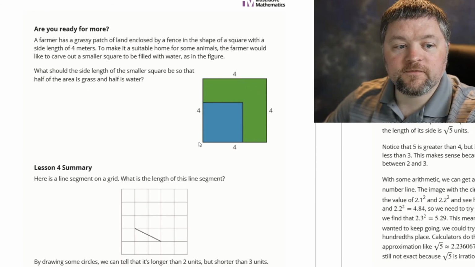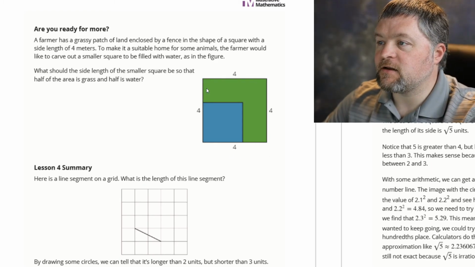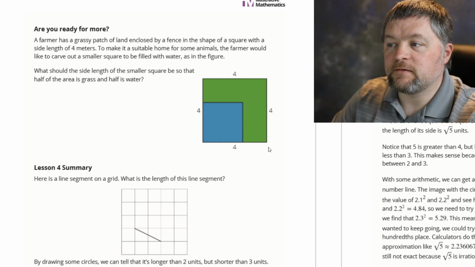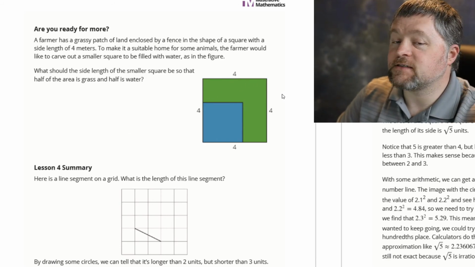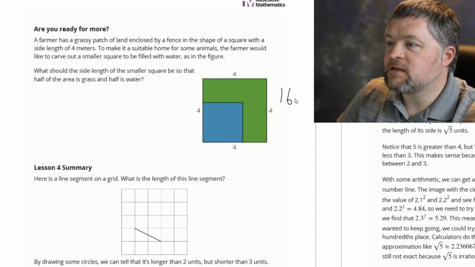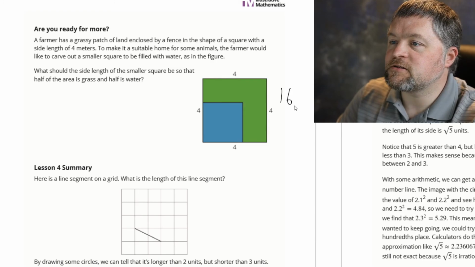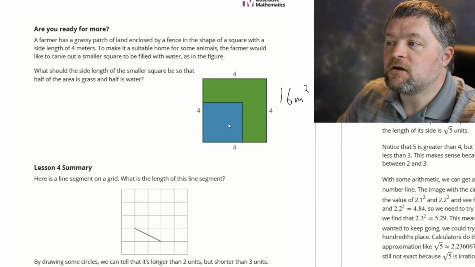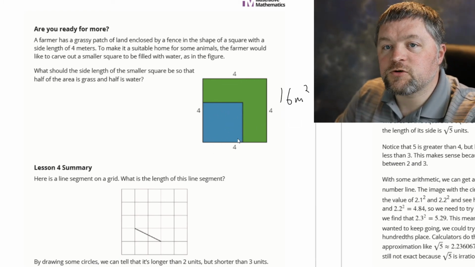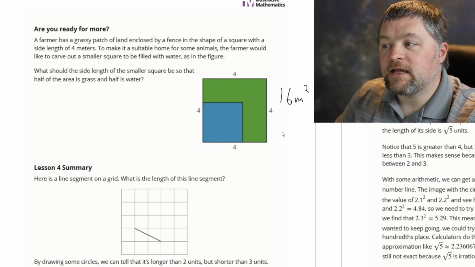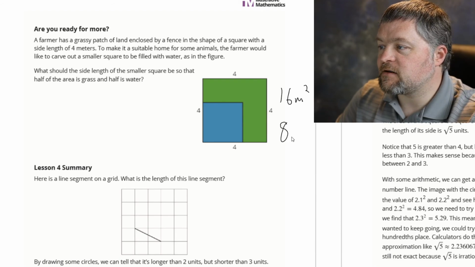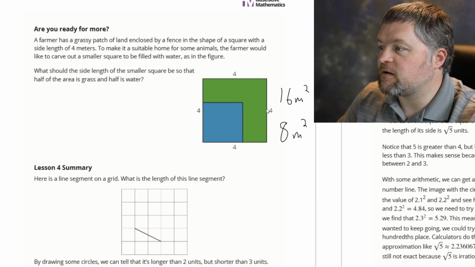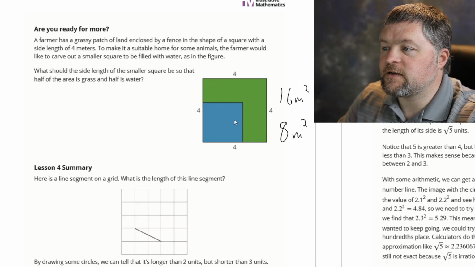So the area of this whole plot of land is 4 by 4. 4 times 4 means that has a total area of 16, what is it, meters? Yep. 16 square meters. So if we want this blue square to be half of it, its area will be 8 square meters. 8 square meters is half of 16 square meters.